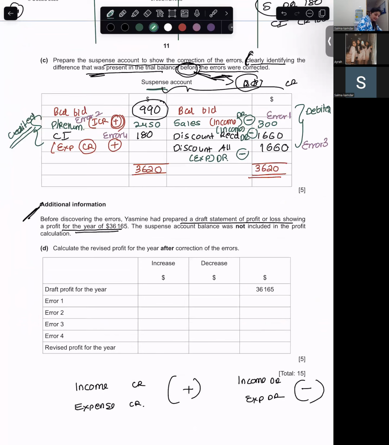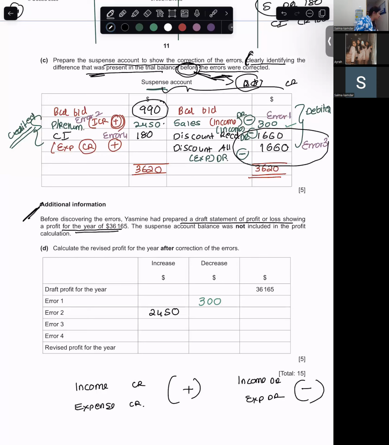Error 1 will decrease. Error 3 will also decrease. Error 2 will be added and error 4 will be added. What is error 2? 2450.